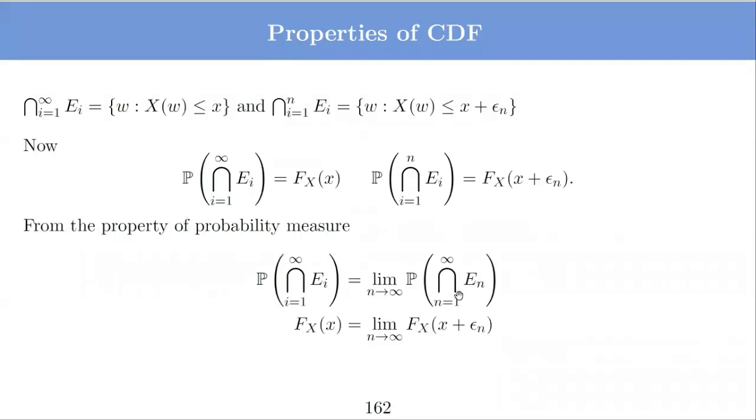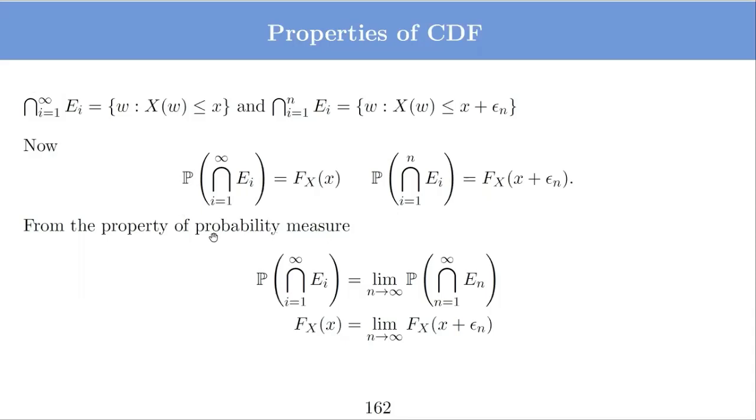Now, from probability, this is the countable intersection of E_i, and this is the finite intersection of E_i's. Because they are equal, the probability of this is equal to the probability of this. The probability of the intersection of E_i's is equal to F_X(x) by definition. Similarly, the probability of this is F_X(x plus epsilon n) by definition.